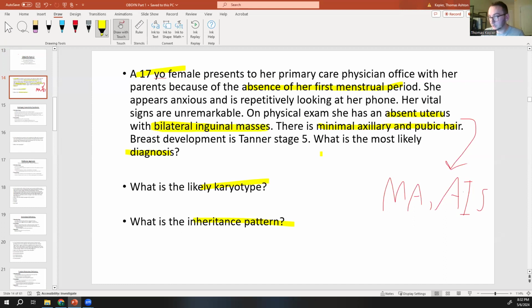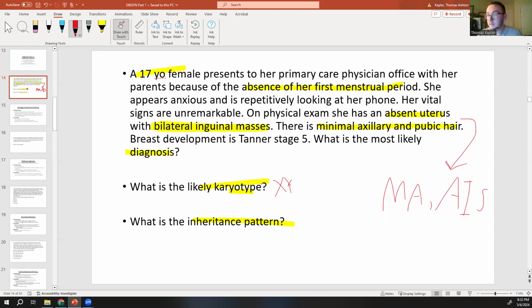So we know androgen insensitivity syndrome is what's going on, and what's the most likely karyotype? So people with androgen insensitivity syndrome are born genotypically male, right? But they develop mostly female external genitalia. However, they'll have male internal genitalia because they still produce the anti-Mullerian hormone, right?